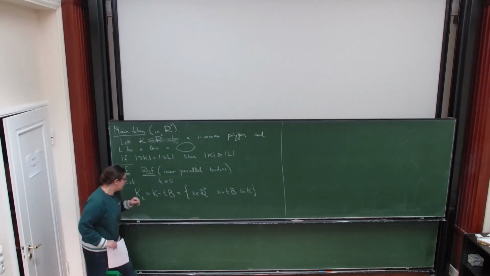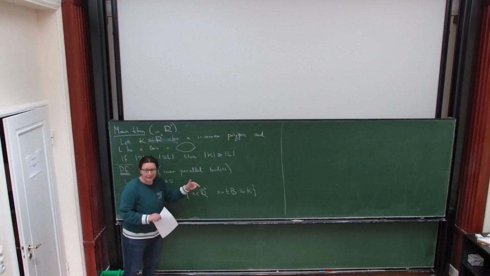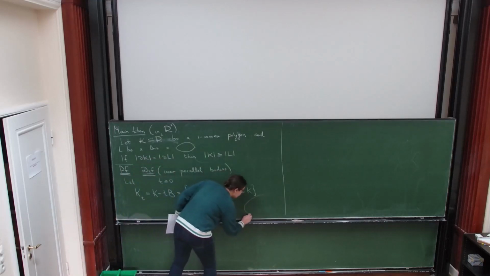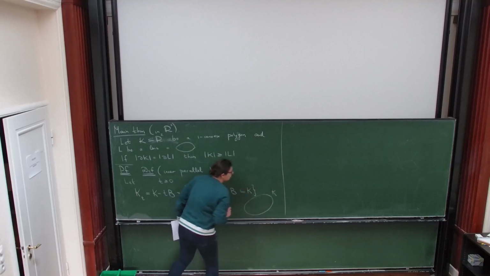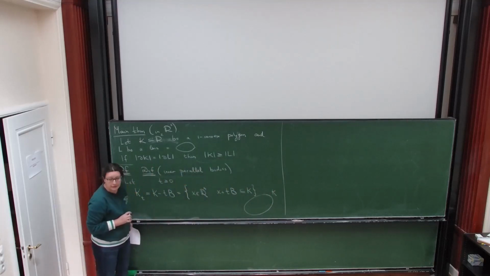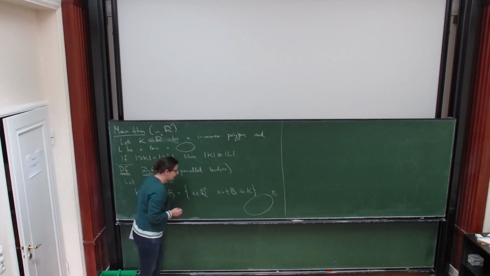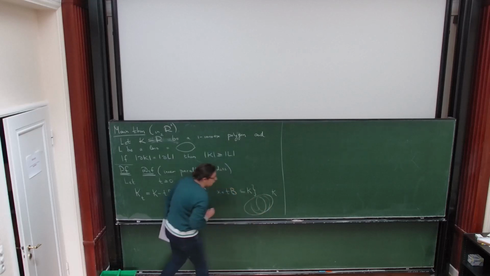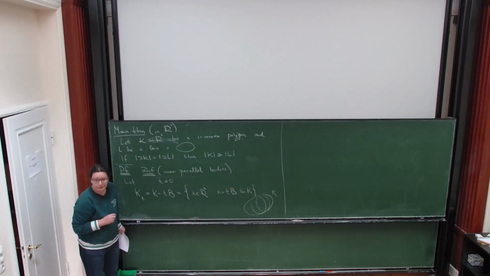So how far can I step inside? To answer this, I can look at the following parameter that I can associate with the body. When I have a body K, I have a variety of balls that I can fit inside of it.